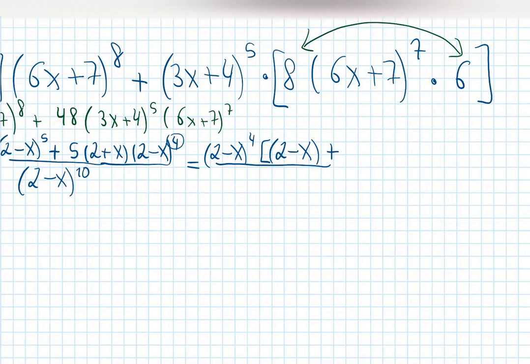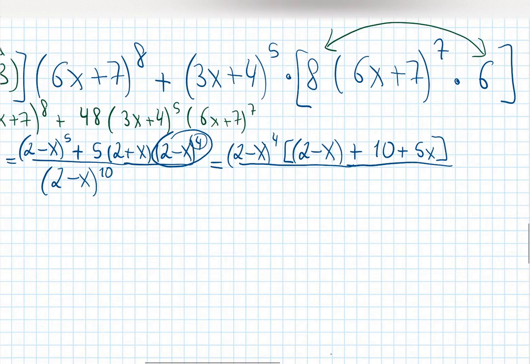If you don't mind, I will skip this step and distribute. 5 times 2 is 10 plus 5x. I distributed because I'm factoring out this whole piece, 2 minus x to the 4, so that will give me 1. And I know I can distribute 5 into 2 and x.